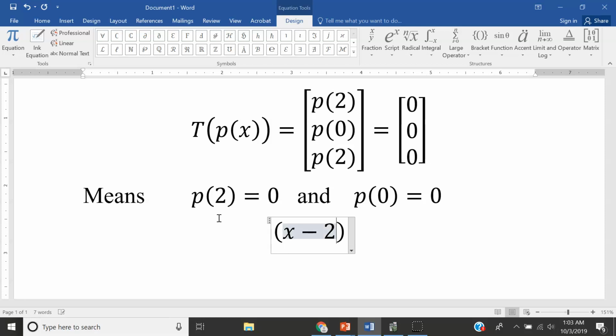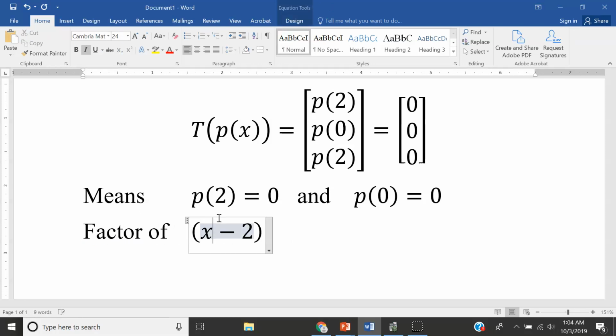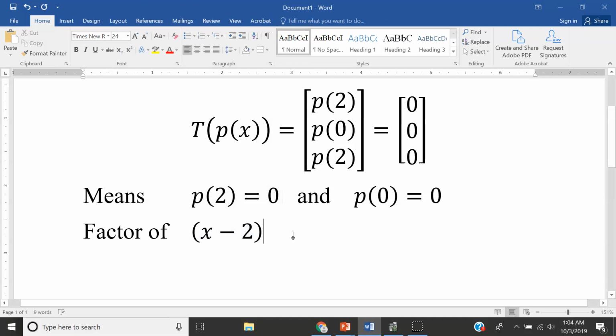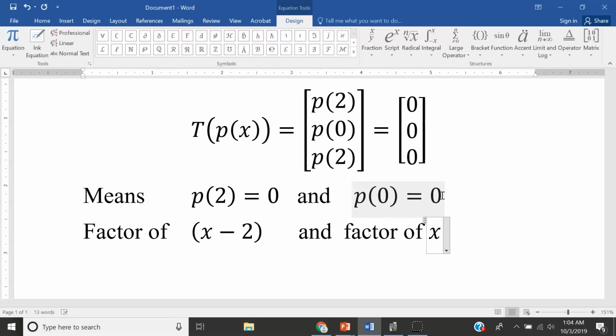Because when you plug in 2 into the x minus 2, that's how you get a 0. And moreover, we can't just have a factor of x minus 2 because the x minus 2 by itself would not satisfy over here. So we need a factor of just x.